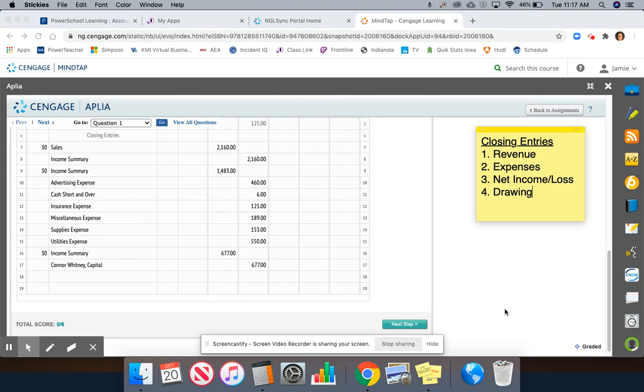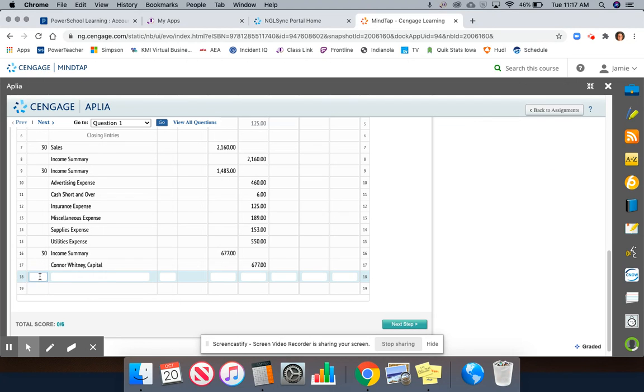Now, our last closing entry is the drawing. This is the one where we are not going to use the income summary account. We are going to use our capital and our drawing account. So I'm going to get the 30th in here. Our drawing amount, how much money we withdraw from the company, would lower the value of the company. So how do we lower our capital account?